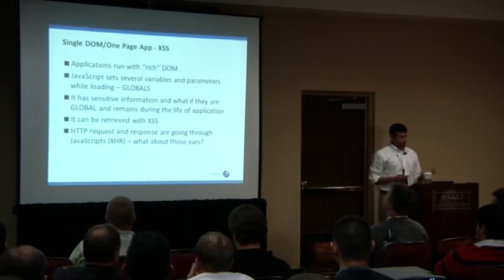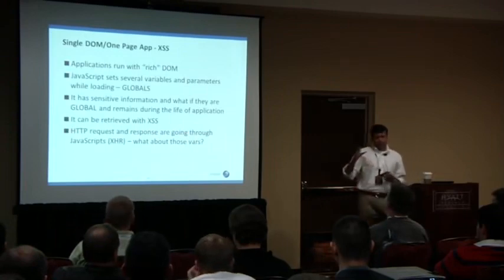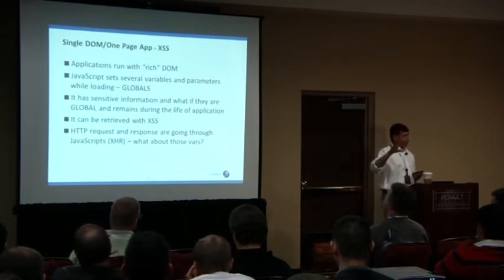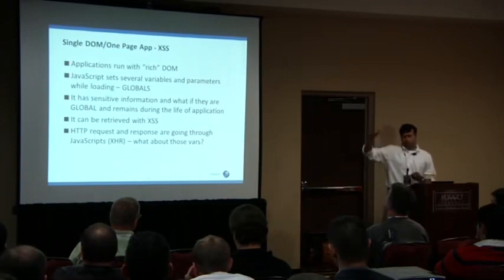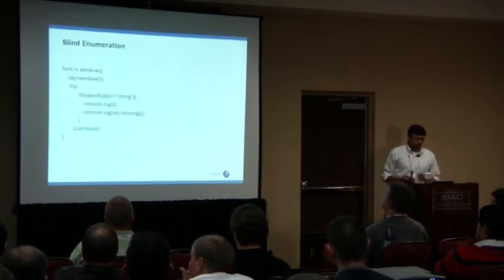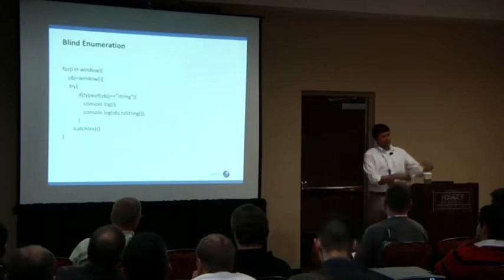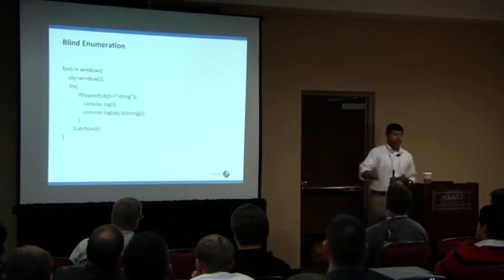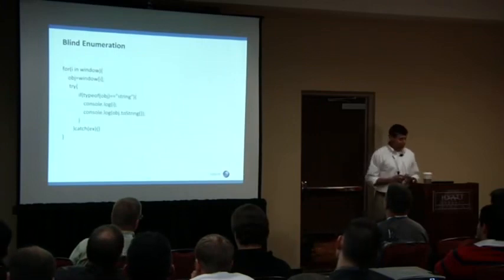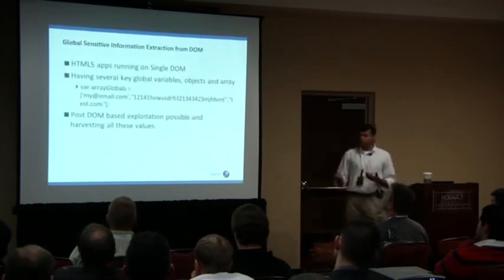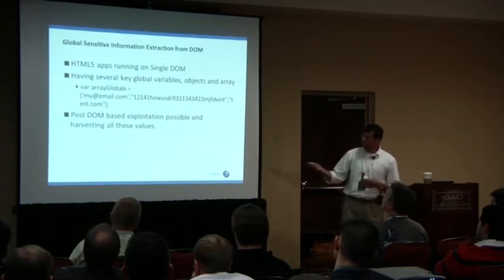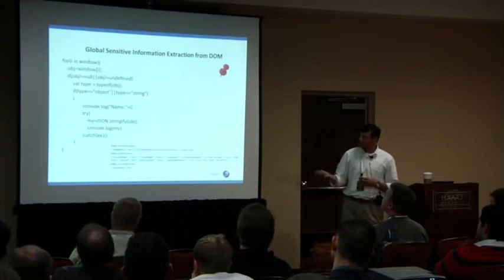Another interesting one is that if you analyze these single-page DOM applications, they have lots and lots of global variables, and global variables are stored and permanently there. So if you get a DOM-based XSS, for example, it can start harvesting these global variables, and the global variables would have values like email, passwords, or your hashes, and so on. You can run this kind of loop and see all these global variables.